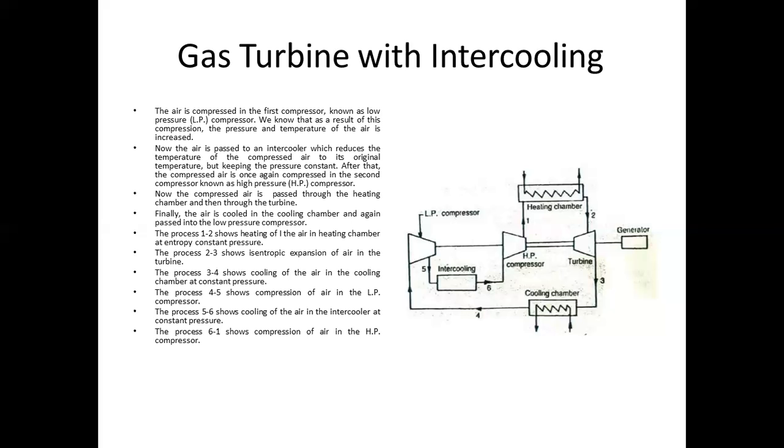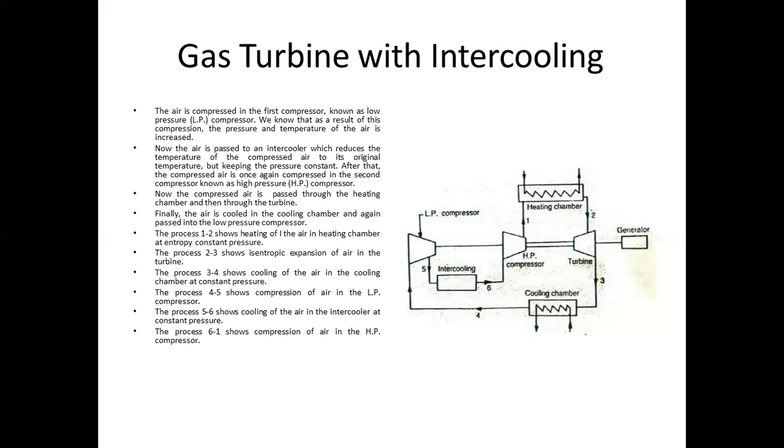The process 1 to 2 shows heating of air in heating chamber at constant pressure. The process 2 to 3 shows isentropic expansion of air in the turbine. The process 3 to 4 shows cooling of the air in the cooling chamber at constant pressure.